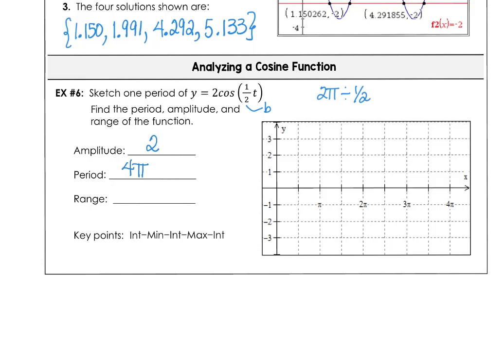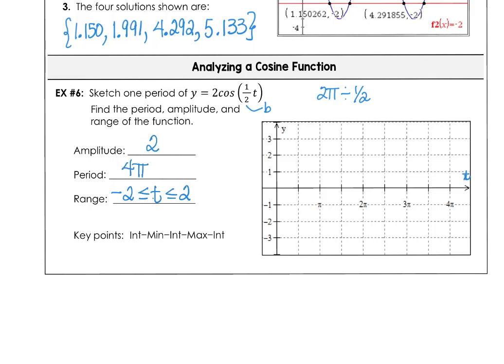And the amplitude would go between -2 and +2. Now to make this totally accurate, I would change my x-axis to be a t instead of an x. And we've got cosine, so the key points will not be in the sine order.